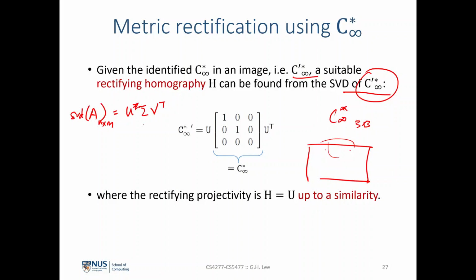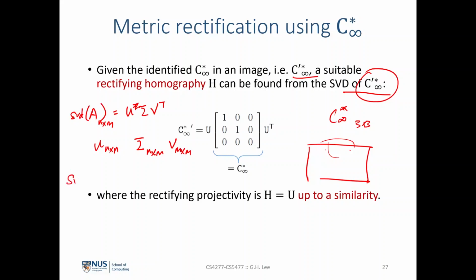In this case, U would be n by n dimension, because this is a non-square matrix, and sigma would be a diagonal n by m matrix consisting of all the eigenvalues, and V would be a matrix of size m by m. U and V here are the left and right orthogonal matrices of A, and they are not going to be the same size because A is a non-square matrix.